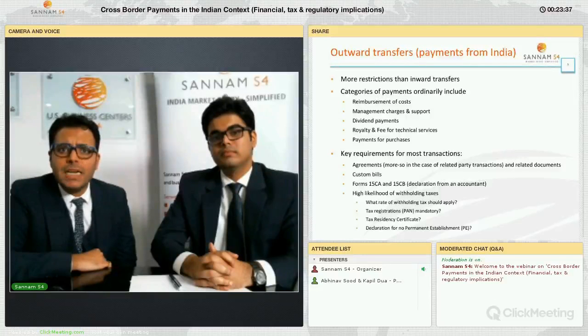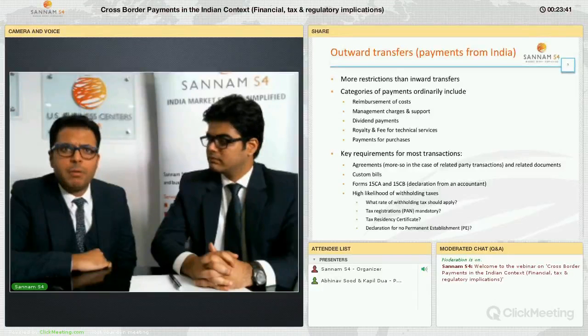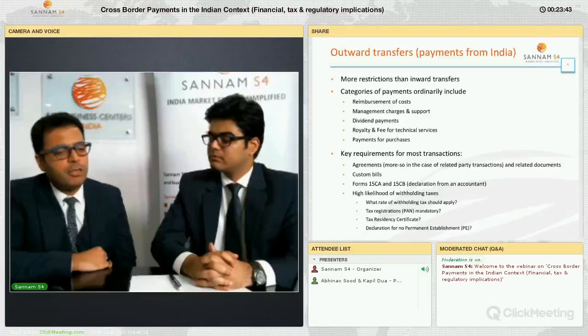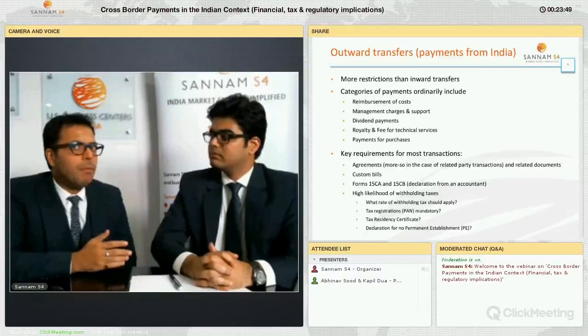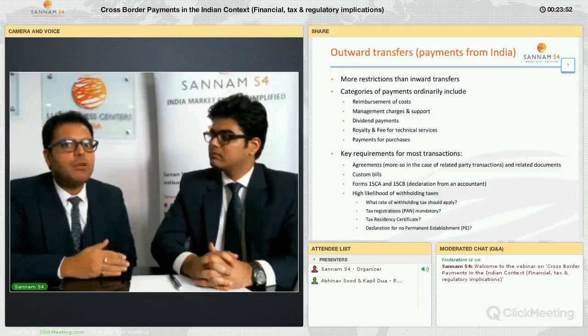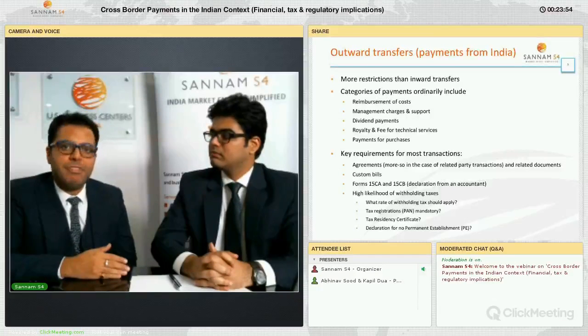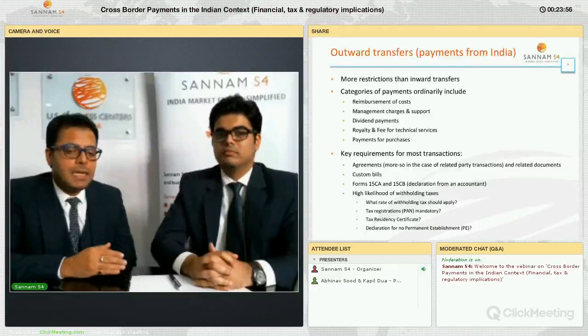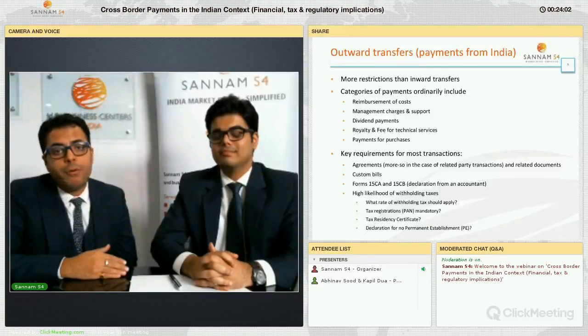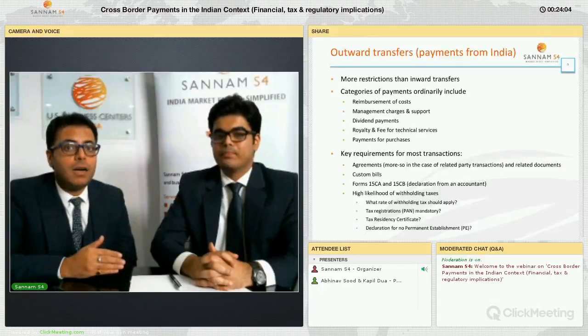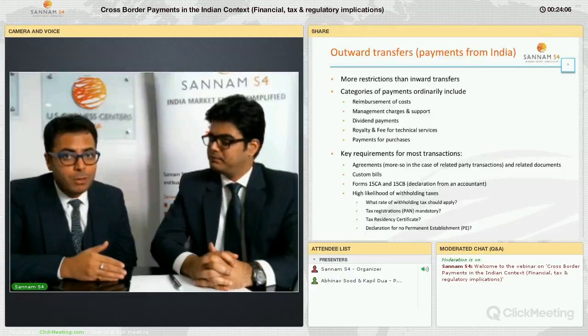What are the key elements? Quite similar to what we had in the inward payments coming into India, but important. For example, agreements. Like you asked me, Abhinav, is it fine to just make the payment on an ad hoc basis? But when the payment is going out of India, I would say it is more important to have the agreement in place, because the Indian CPA who's issuing the certificate, on whether tax is liable to be withheld in India for making that payment, and the tax authorities reviewing those payments, will look at it.